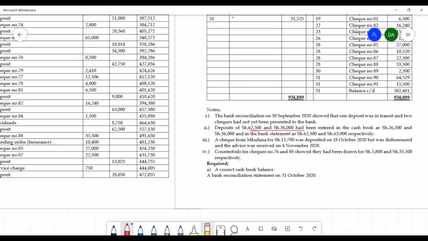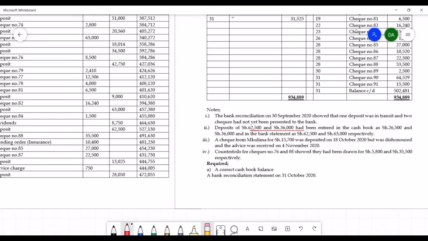A check from Mkulima for 15,700 was deposited on 18th October 2020, but was dishonored, and advice was received on 4th November 2020. This is a dishonored check, and the information about dishonoring the check has been received after the period of the bank reconciliation.